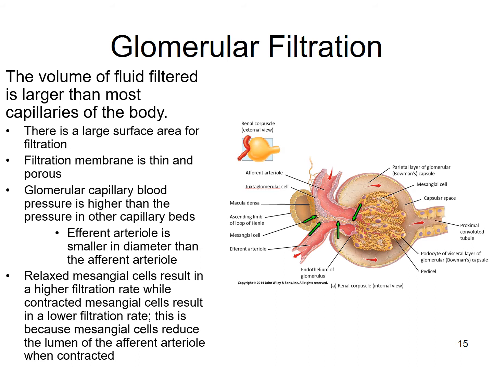So when these mesangial cells contract, they're going to narrow the afferent arteriole. And this will result in a lower filtration rate because if you narrow the lumen of the afferent arteriole, you're going to decrease the amount of blood flow coming in, and therefore your filtration rate will drop.